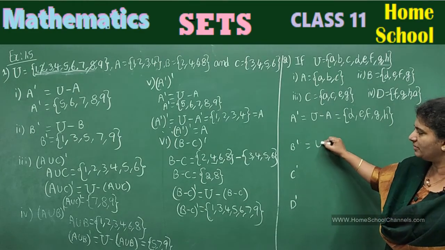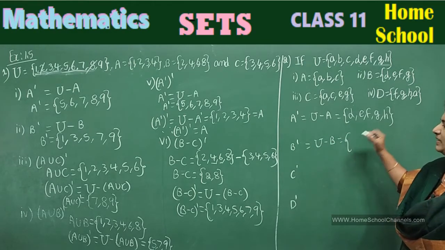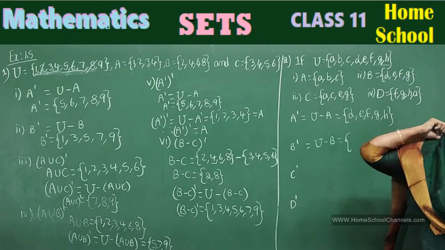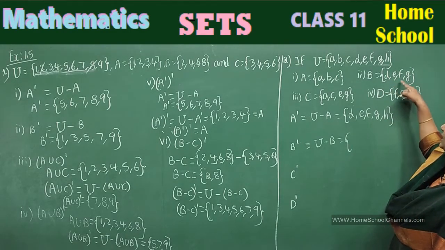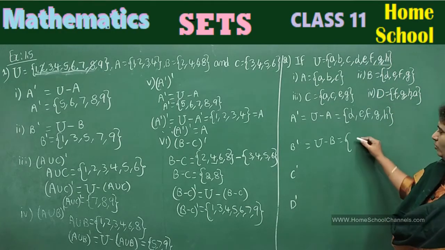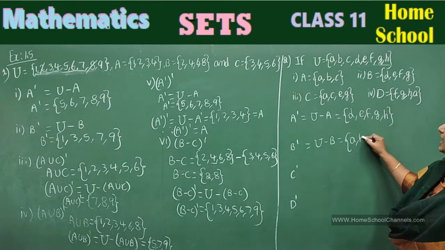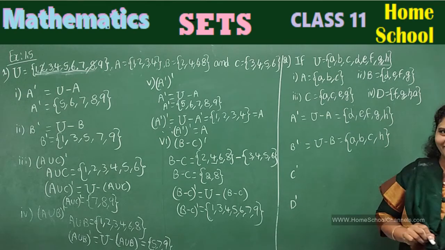Similarly, B complement is equal to U minus B. In the universal set, remove the elements of the B set. B, what do you have? d, e, f, g. If you remove them, you are going to have a, b, c, h. That's it.